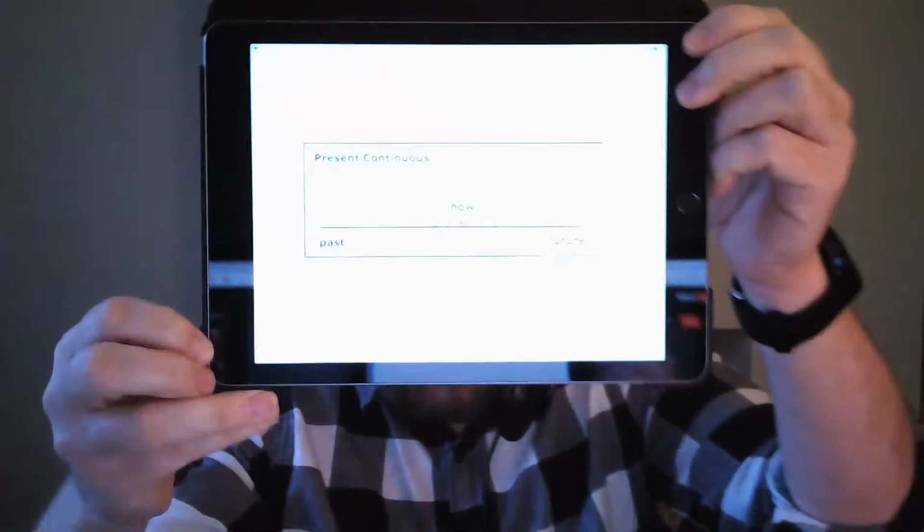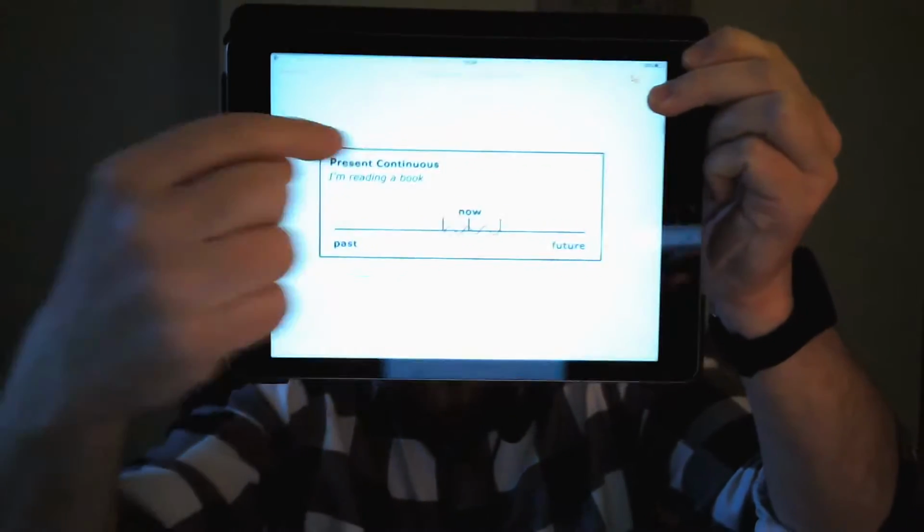It's happening now. So, we started it before now, and it will continue into the future just now because we're in the middle of it. Okay, so we're in the middle of doing something, and that's why it's just now, compared to present simple when we're talking about a repeated action, something like that.